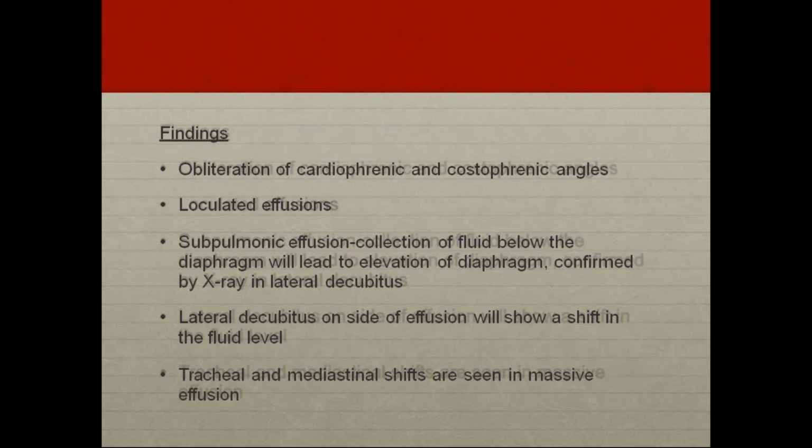Findings: obliteration of cardiophrenic and costophrenic angles, as I already mentioned. You might have to say the blunting or the obliteration of costophrenic angles. Sometimes loculated effusions and adhesions can develop there. And subpulmonic effusion, collection of fluid below the diaphragm, will lead to elevation of the diaphragm, confirmed by X-ray in the lateral decubitus.